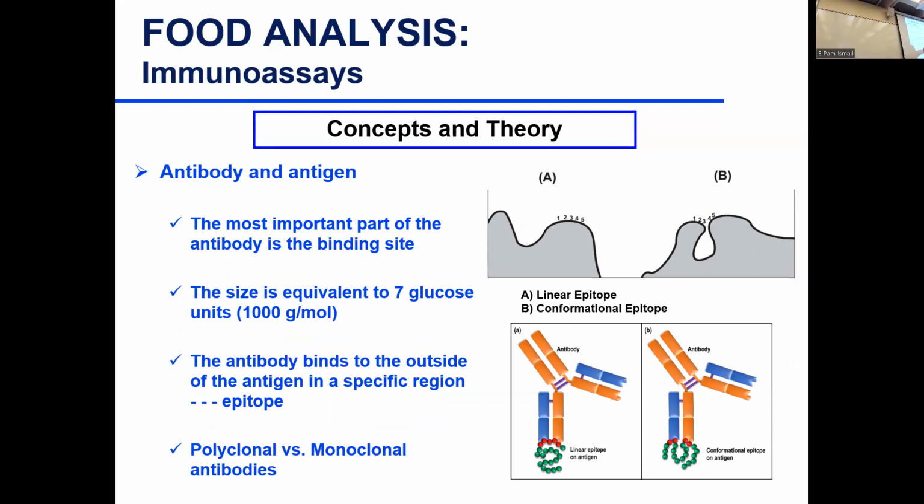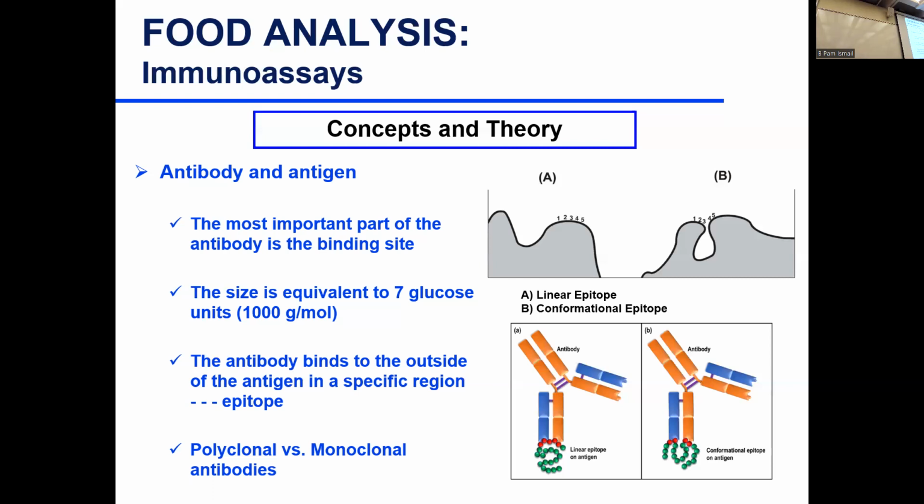So two things you want to remember: linear epitope, conformational epitope. This is very specific to a protein antigen. So proteins are made up of what? What are the building blocks of proteins? Amino acids. So the epitope can be linear, where you have here 1, 2, 3, 4, 5.